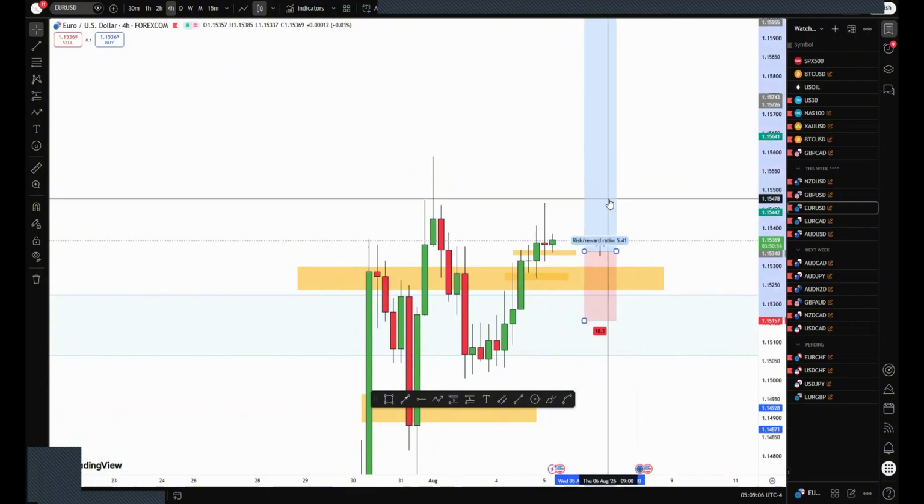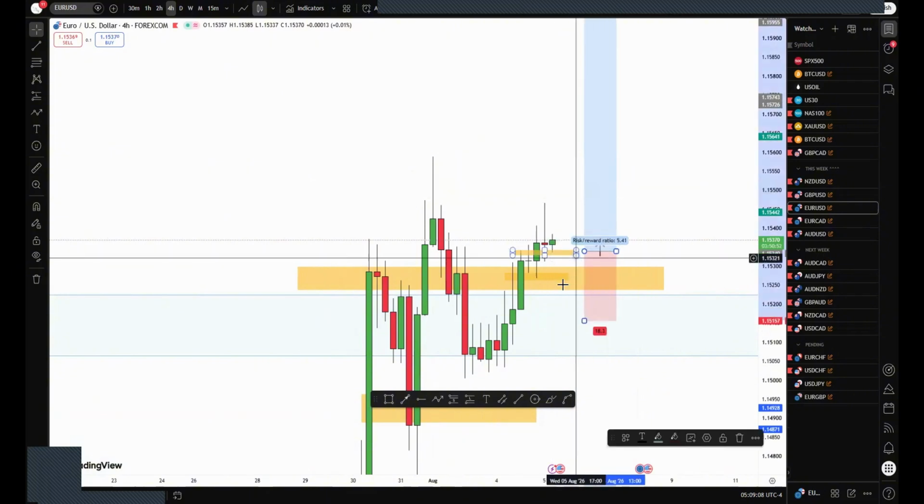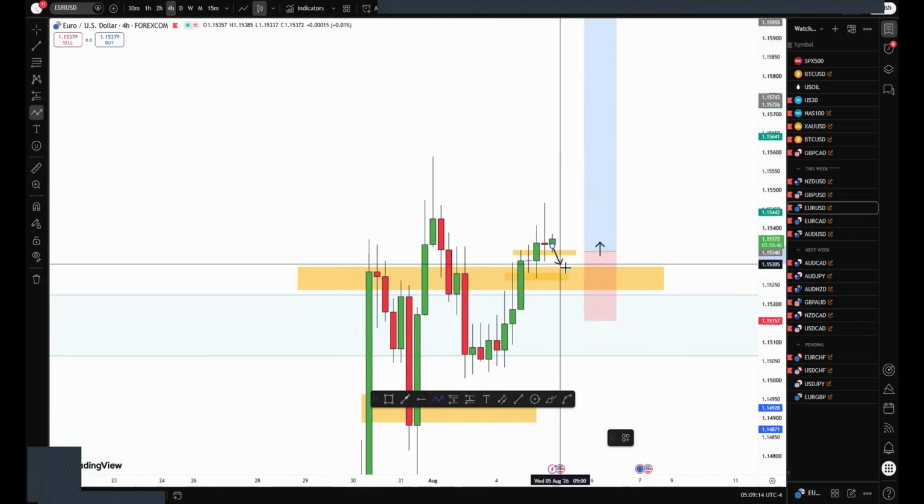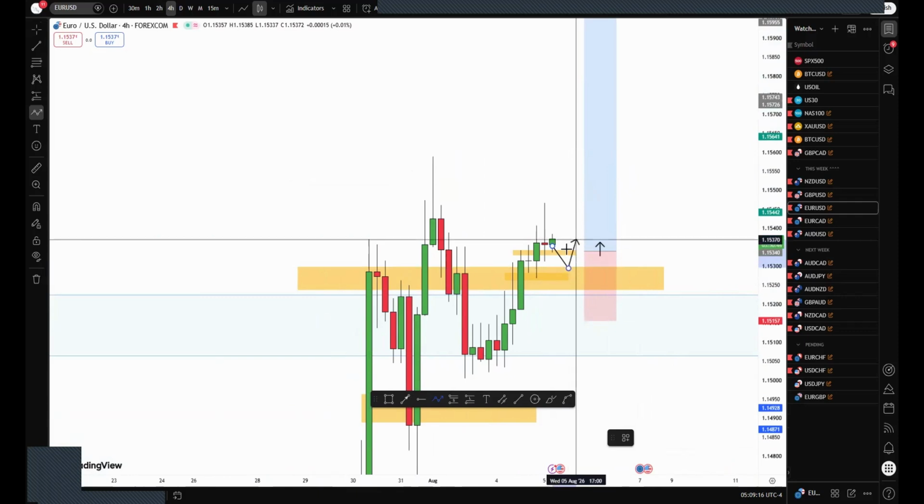And there's a very high chance that we can get the higher low and then retest and go for that 4 hour time frame.